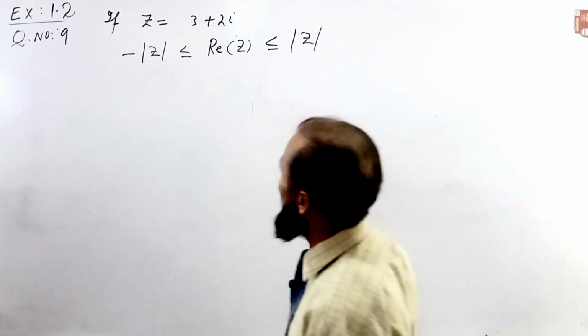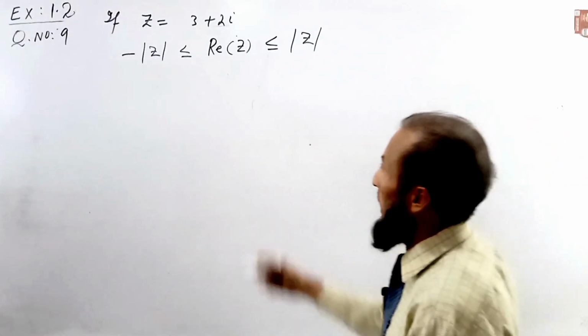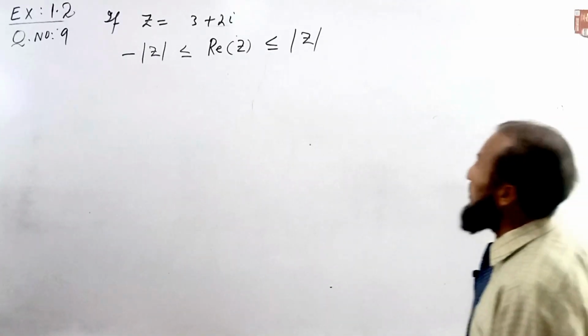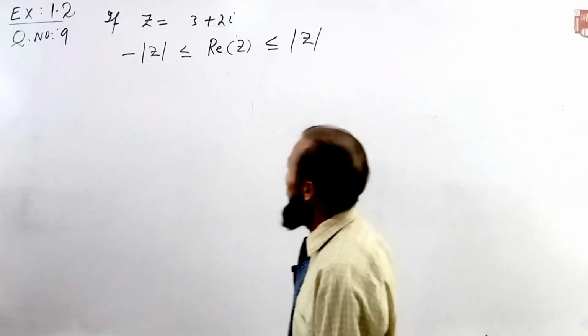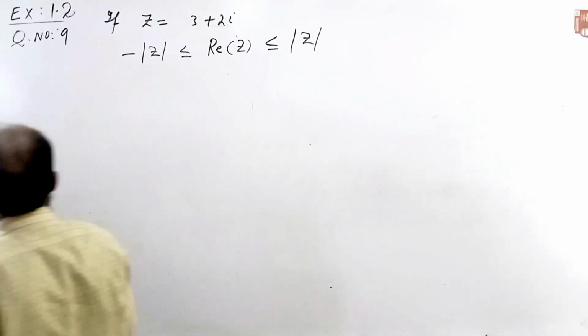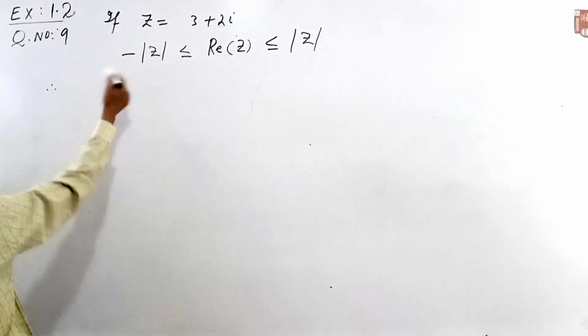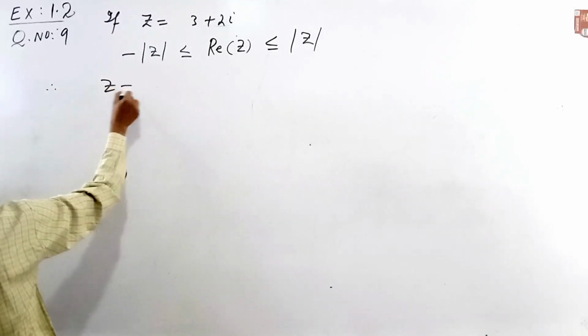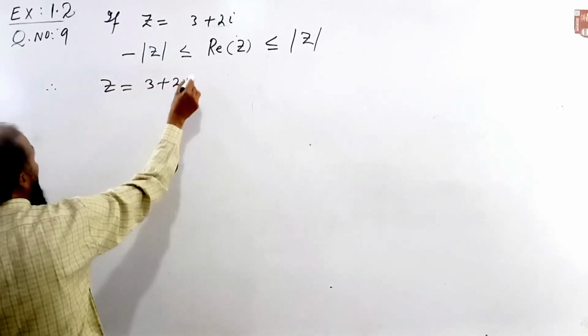Now how do we want to show that? First of all, we find these three quantities. Let z be given as 3 plus 2 iota.